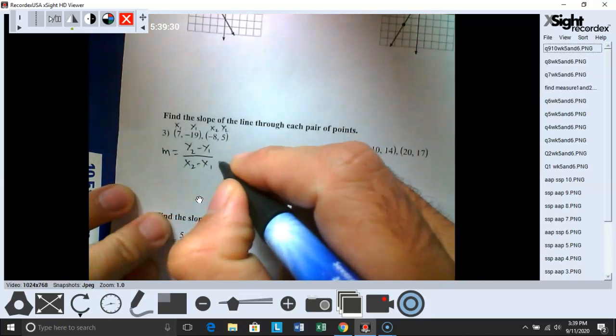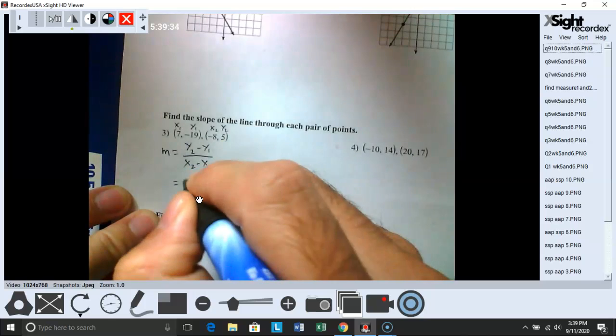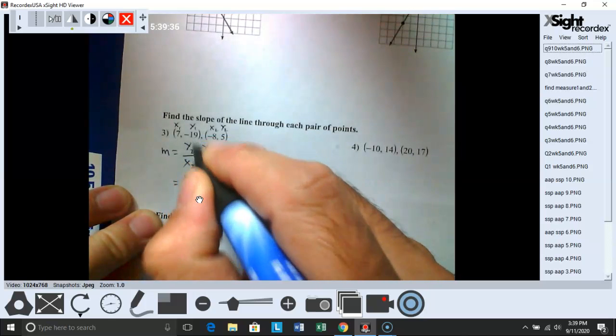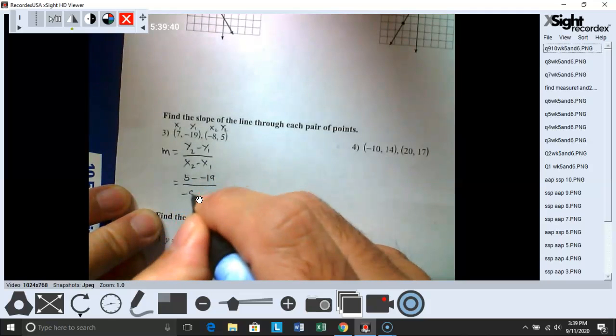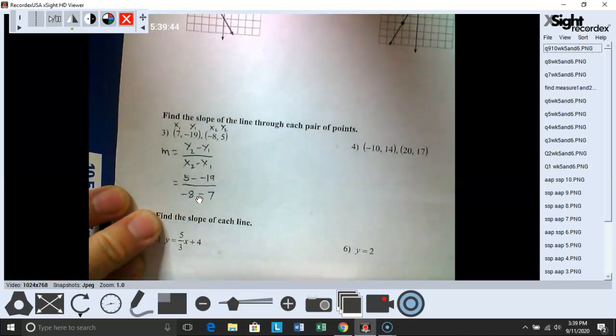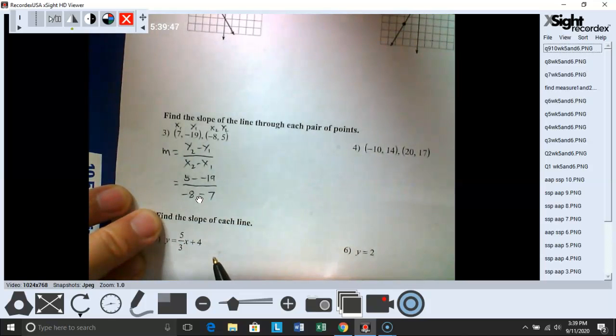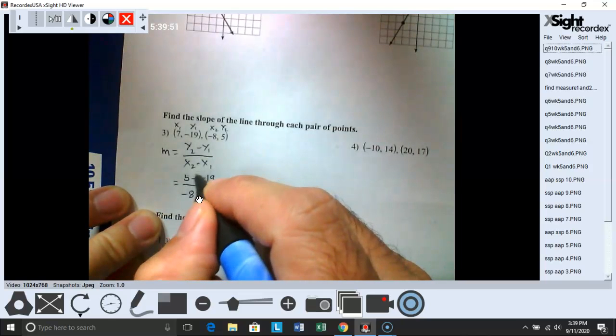So substituting, we can write it this way. 5 minus negative 19 all over negative 8 minus 7. Okay, so let's simplify further. This becomes positive.